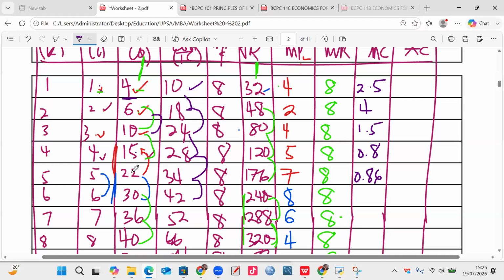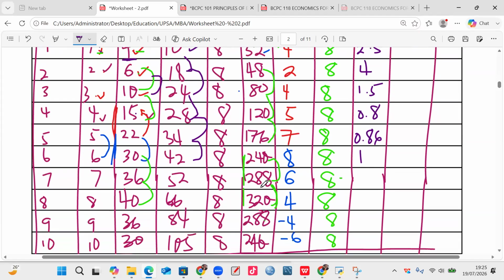Then 52 minus 42 is 10, 36 minus 30 is 6. What do we have? 1.7.